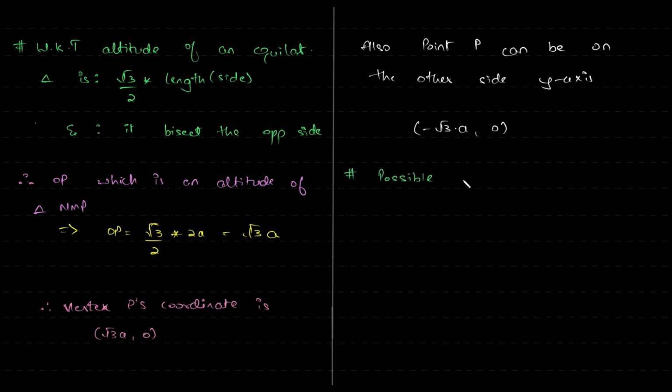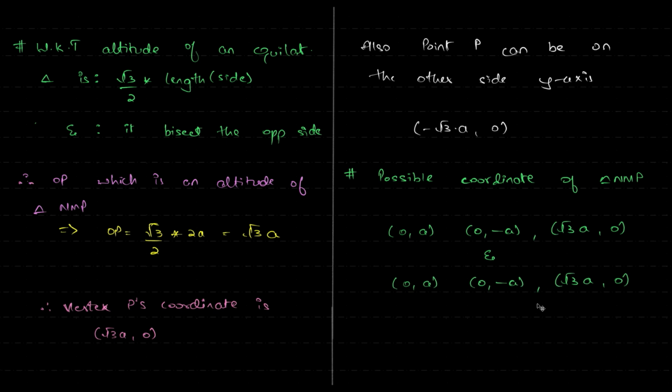Possible coordinates of triangle MNO, not O, sorry, MNP. So one is 0 comma a, then 0 comma minus a, then root 3 a comma 0, and the same thing with a negative.